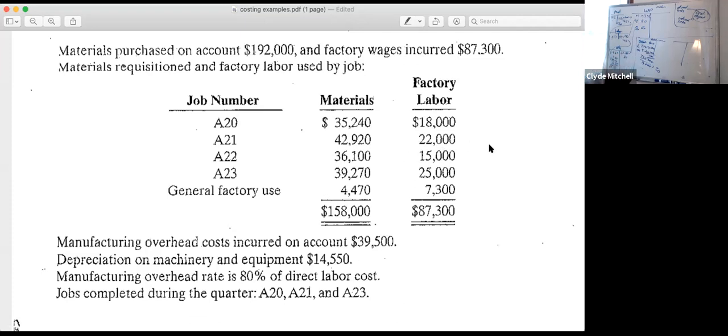And if we look over here at our overhead account, we had actual of 65.82 and 64 allocated out, which means we have under applied of 1.82, 1,820.